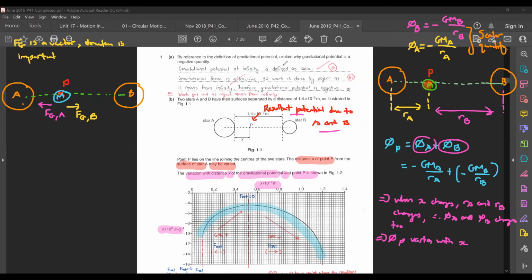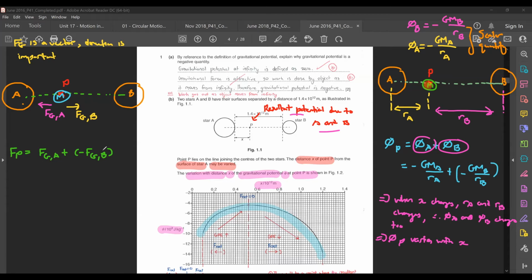When I want to add up the gravitational force, this is what I expect to see. FP is going to be, let's just say I add them up, FgA plus negative FgB.